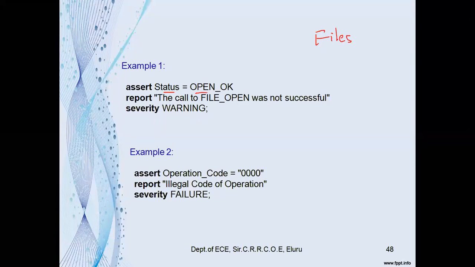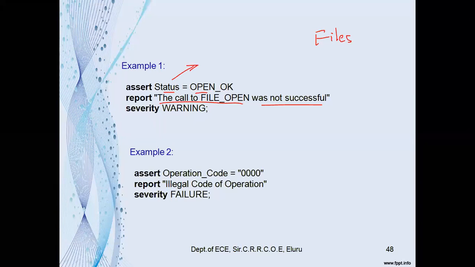Suppose the status is not open and has some other status, then it reports a message that the call to file open was not successful. If the status is equal to open, the file was successfully opened. If the status is not equal to open, the status may be some other value.